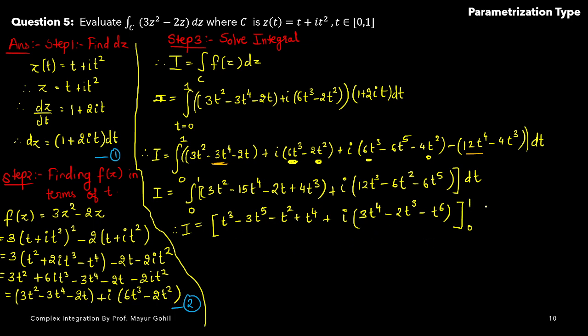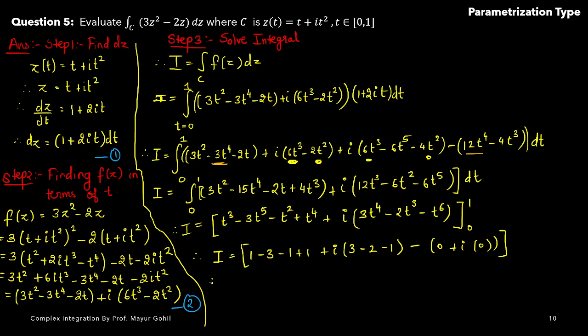So we will just substitute here, and therefore I equals 1 minus 3 minus 1 plus 1 plus i times 3 minus 2 minus 1, and when you substitute the lower limit you will get 0 from each of the terms, and plus i times again 0, so that's not an issue.